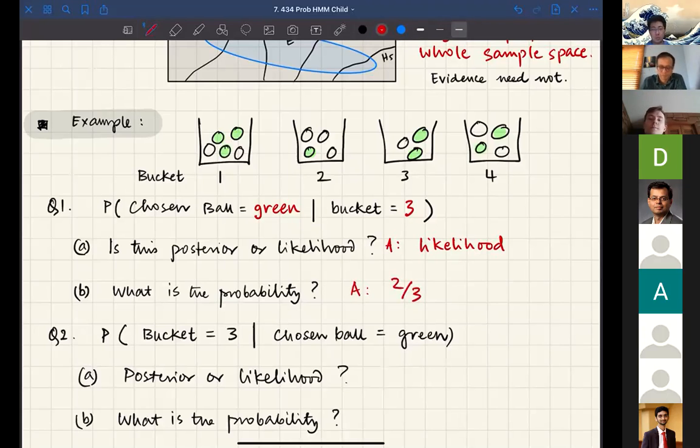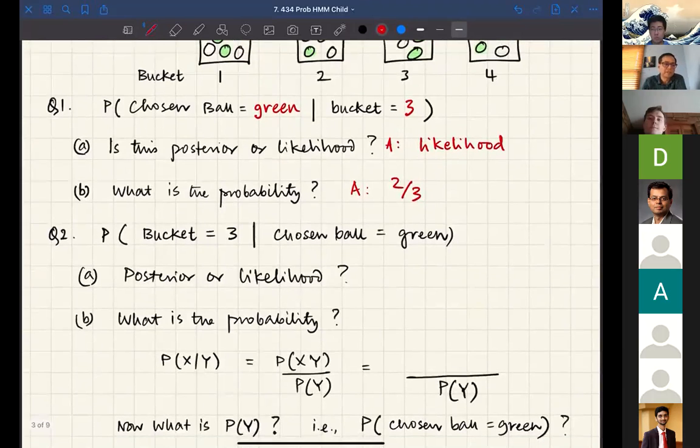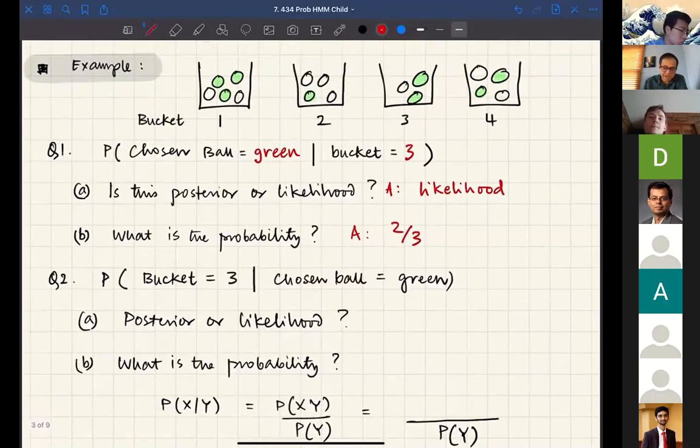Okay. Now let's do it the other way. What is the probability that bucket number 3 was used, given that the chosen ball is green? I've picked a ball. I don't tell you which bucket it came from. But the ball happened to be green.